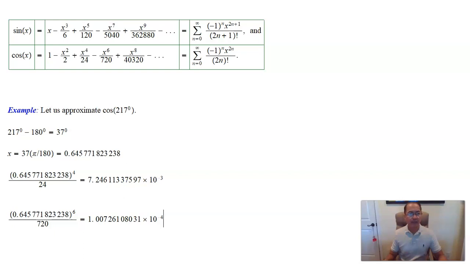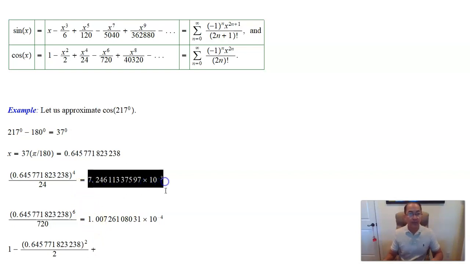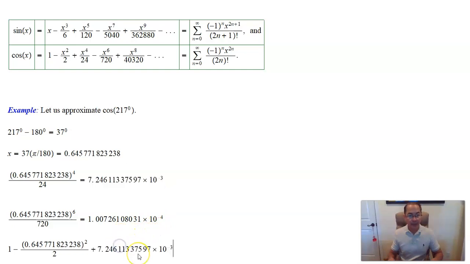Okay, so let's plug in the others. We have 1 minus x squared over 2 missing. So let's plug this one in. Square divided by 2. You all know how to work your calculator. We have the 4th power here, and then we subtract the 6th power over 720. So that is approximately 0.79863.